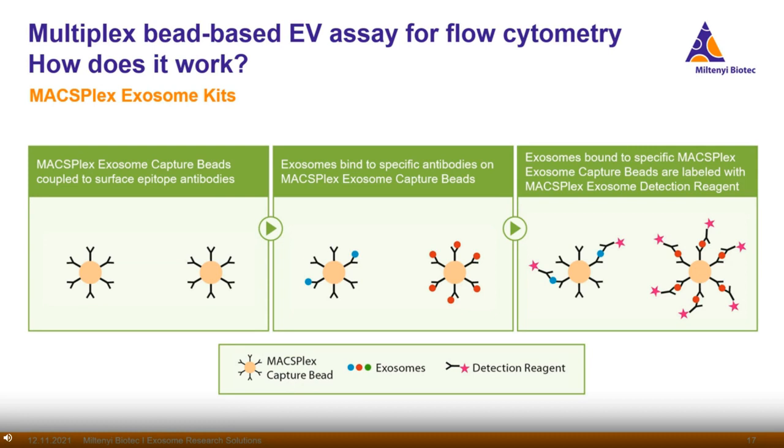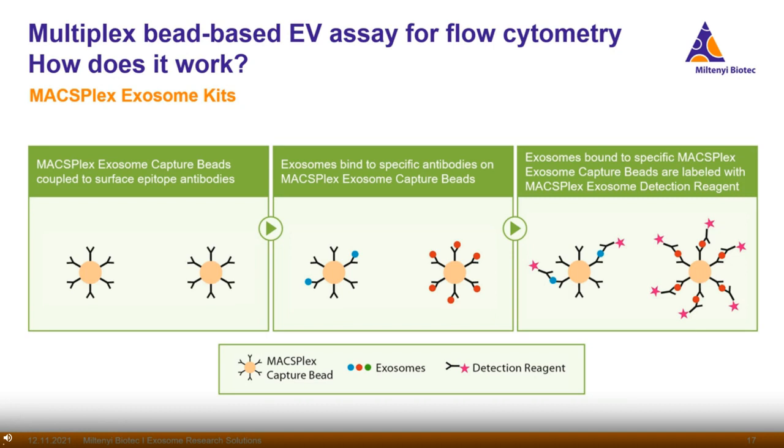Then after the incubation with an EV-containing sample, these capture beads are stained with a detection reagent, for example, a cocktail of APC-conjugated antibodies against the tetraspanins CD9, CD63, and CD81, which are commonly expressed on EVs. And then consequently, sandwich complexes are formed between the capture bead, the EVs, and the detection reagent.